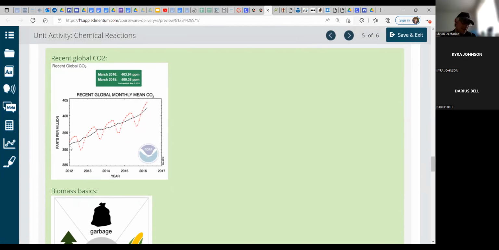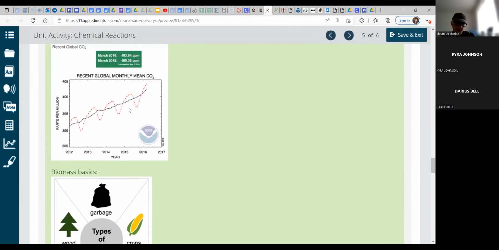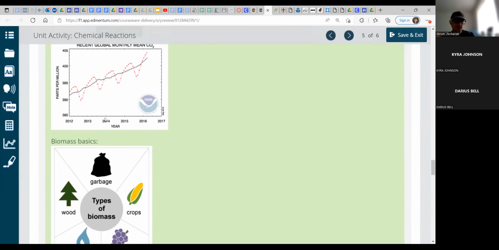From 2012, it was about 392 parts per million. And then at this point, I believe this is 2016, it's at 404-ish parts per million. And that was only over 4 or 5 years.